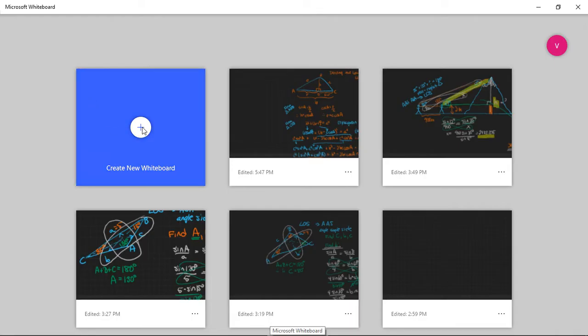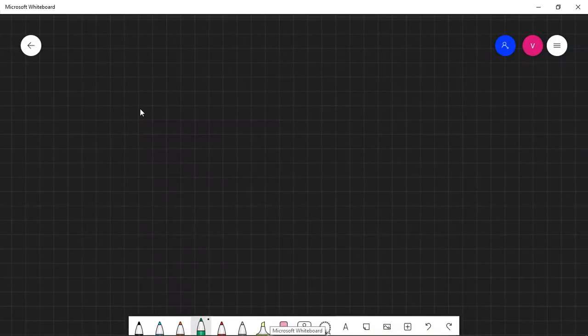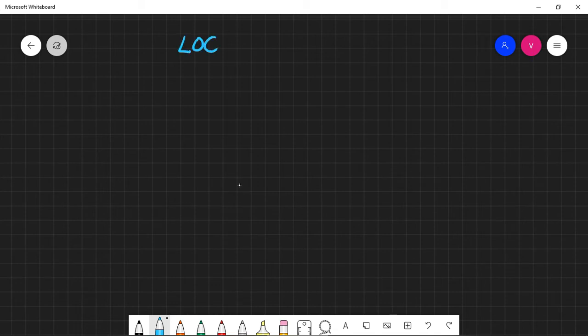I'm going to work a couple of problems right now. So let's do some example problems. Here's the first one, law of cosines for the case of, guess what? Side, angle, side.